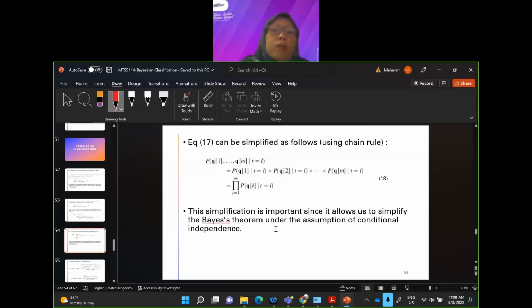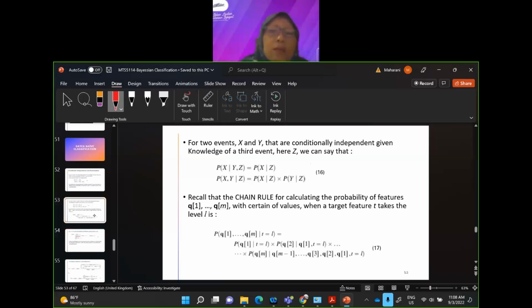So in here there is no more Q3 and so on. Let's say in Q1 there is no more Q2, because they are independent. Whereas in here, to compute Q2 you still need Q1, and to compute Q3 you still need Q2 and Q1 and so on.